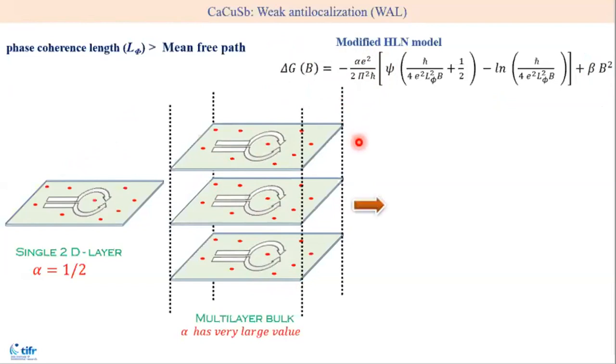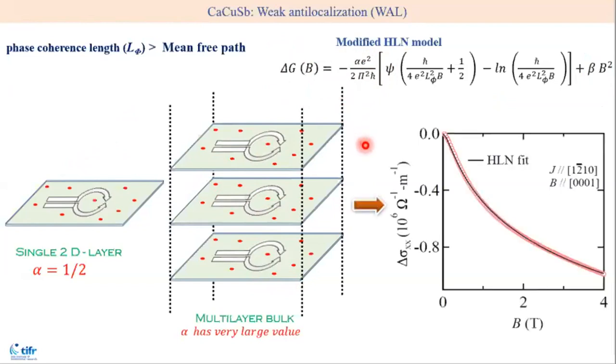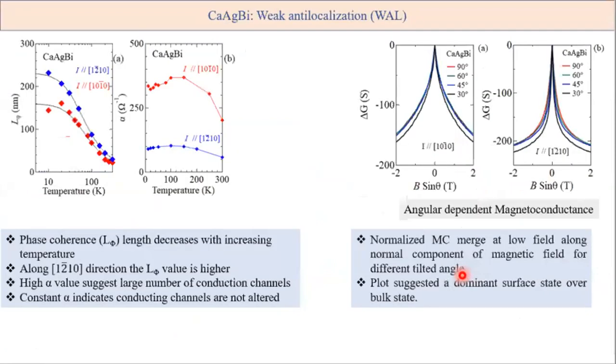From the magnetoconductance data, you can find the alpha and L phi values. You can see the magnetoconductance data is very well fitted by this HLN model. That describes what the phase coherence length is in your case and what the alpha value is in your system. Okay, so we got the phase coherence length.